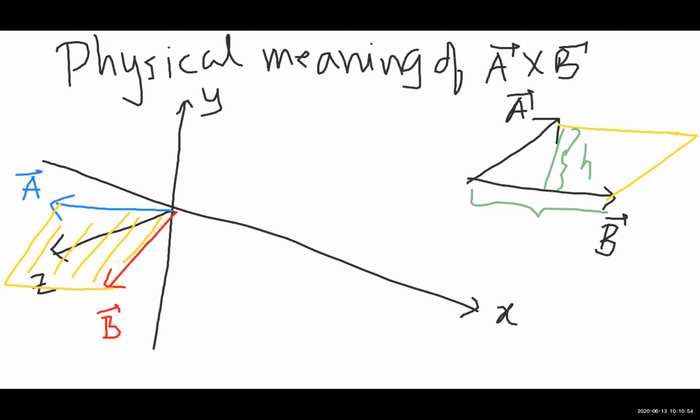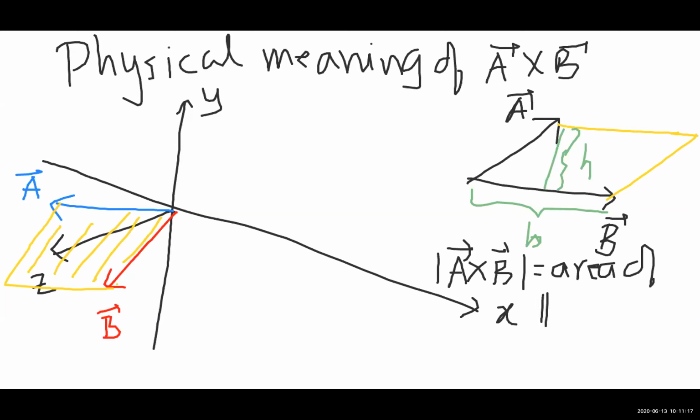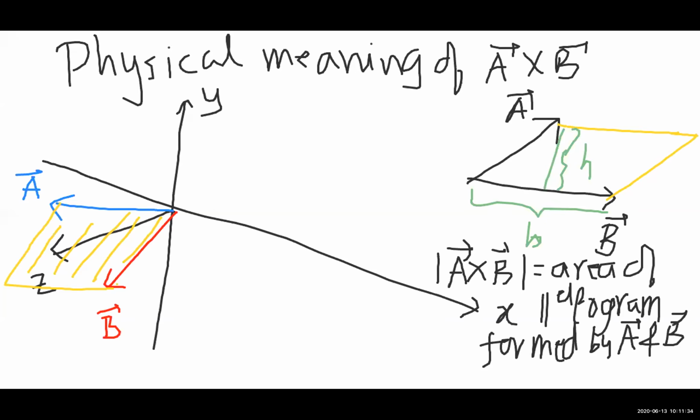This is H, this is B. So mod of A cross B is equal to the area of the parallelogram formed by A and B.